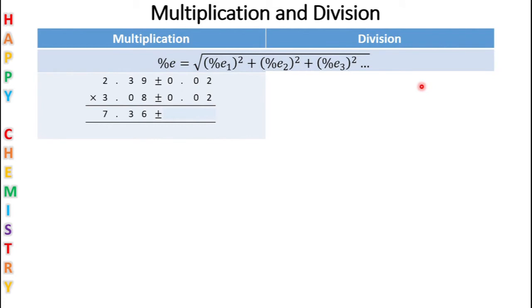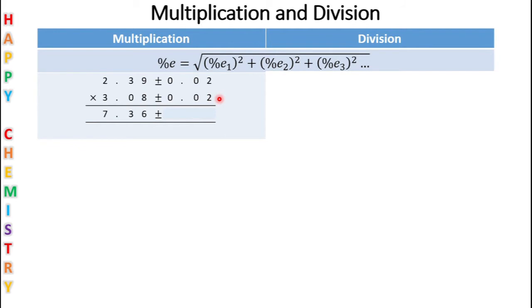2.39 with absolute uncertainty 0.02 is multiplied by 3.08 with absolute uncertainty 0.02. The arithmetic answer is 7.3612.